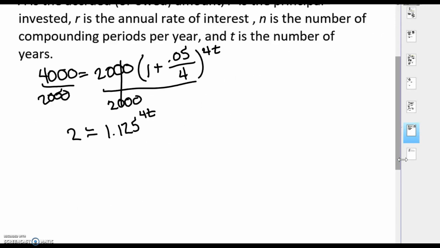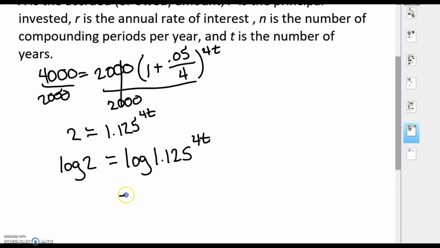Well, now that's an exponential equation, and we can solve that by taking the log of both sides. So we have log base 2 equals log of 1.0125 to the 4t. Again, we can bring that 4t to the front. 4t times the log of 1.0125 equals log base 2.